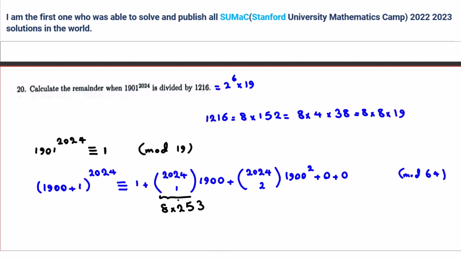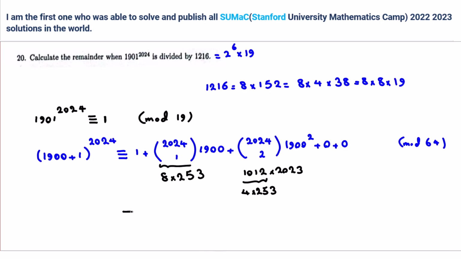Are you sure it's 1? Wait, no, it's not 1. This one I think is 0, right? Because it is 1900, 12 times 1900 squared. It is a multiple of 4, right? It is 4 times 2, 5, 3. So 4, and here it is a multiple of 16, 64. So this part is 0. So it is what mod 64?